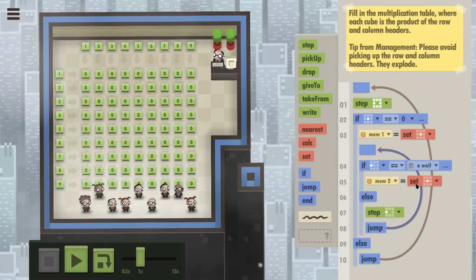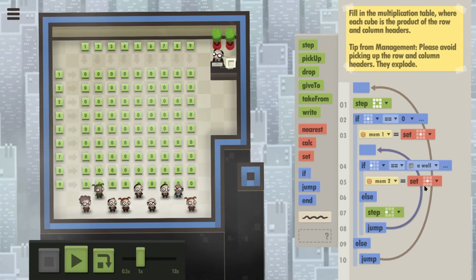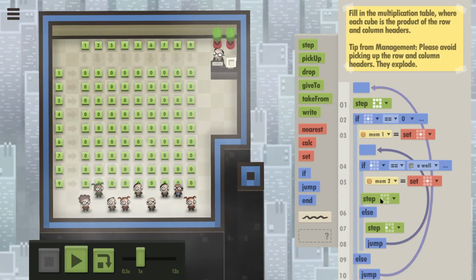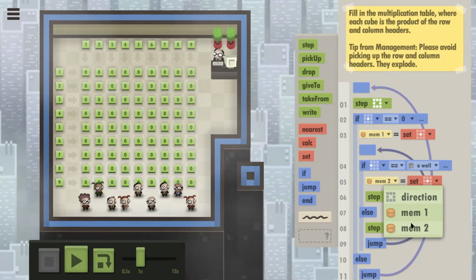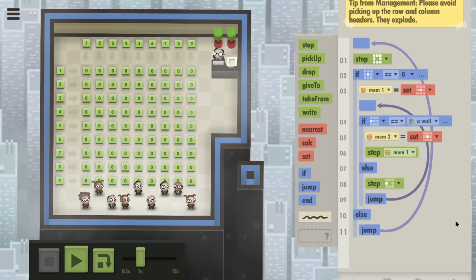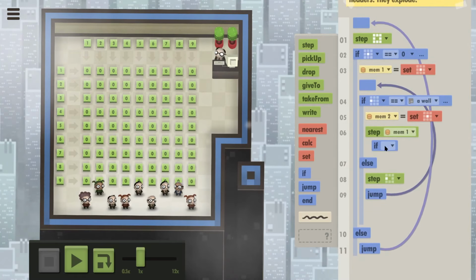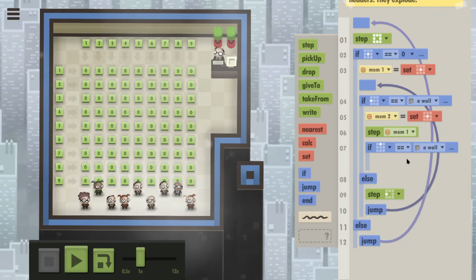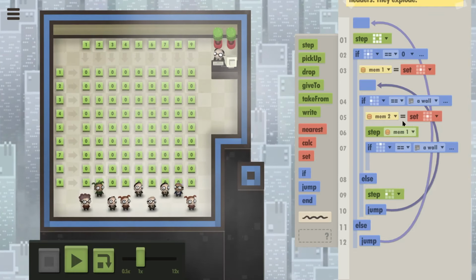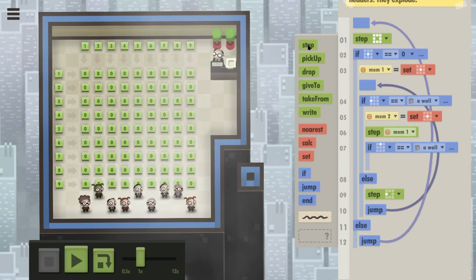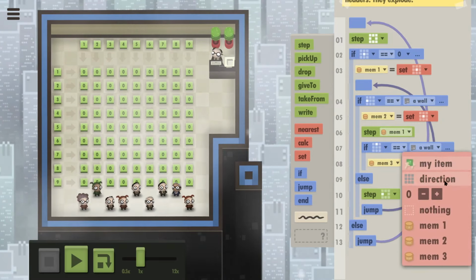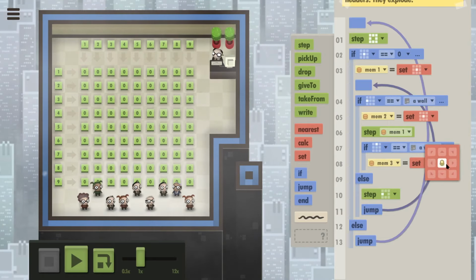And then jump. So what you would do is set memory 2, and then step to memory 1. If that direction equals a wall, so it would be the same thing, set memory 3 to that.